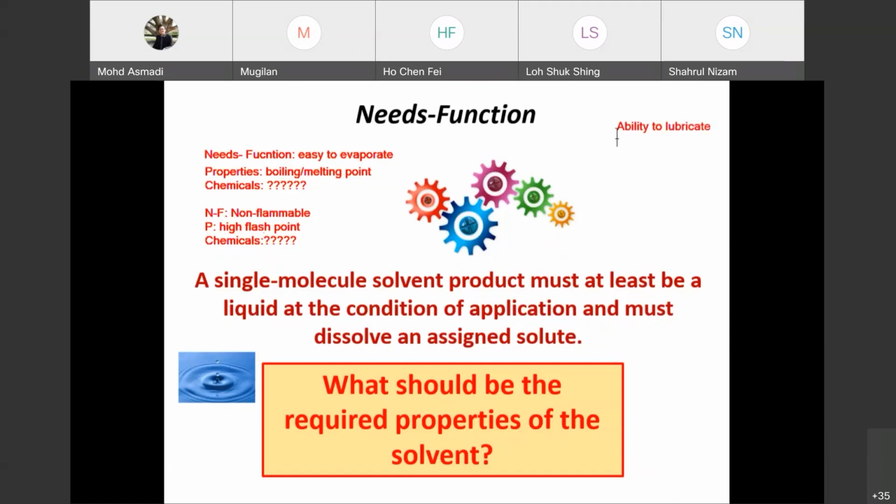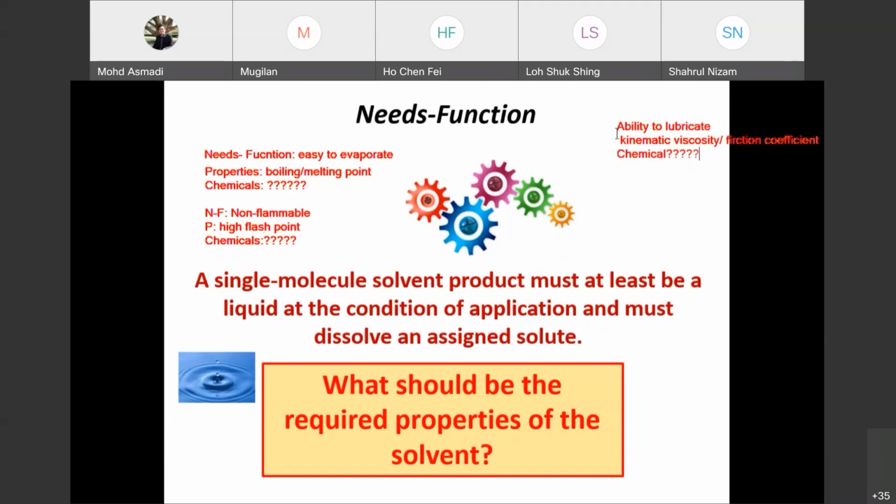So the properties must be related to kinematic viscosity, or friction coefficient. This one we can measure. What chemical? There's an example.